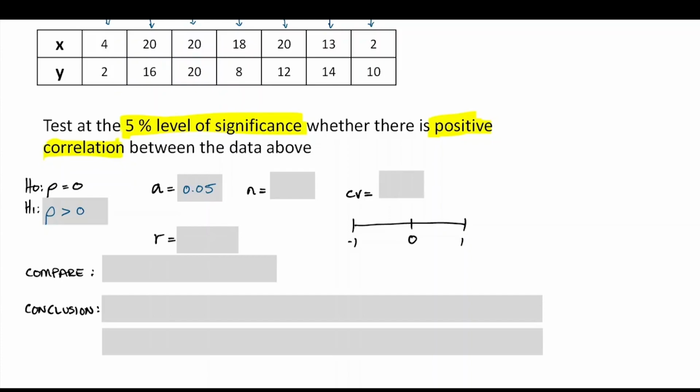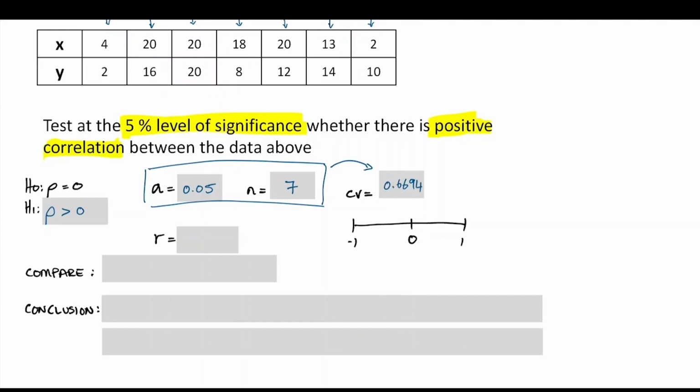Each pair contributes 1 to the n value. So looking at this data, this may well have come from 7 people. A mistake to be made here is some people say 14 pieces of data. There's 7 pieces of bivariate data. So n equals 7.